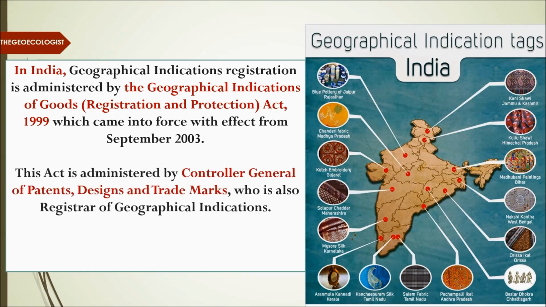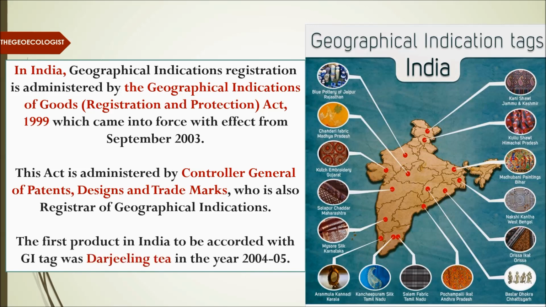Who administers this act? The Controller General of Patents, Designs and Trademarks, who is also the Registrar of Geographical Indications. He is the person who allocates GI tags in India, right? The first product was Darjeeling tea, in 2004-05, that got this GI tag.